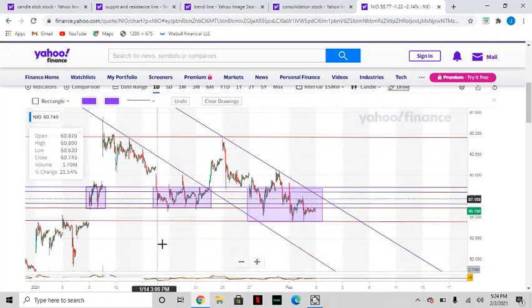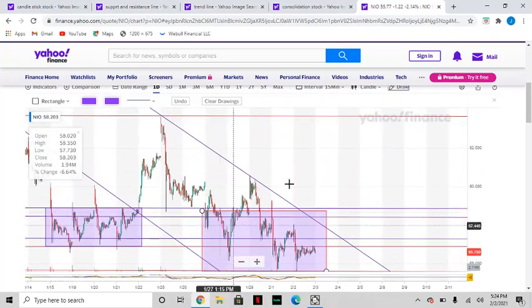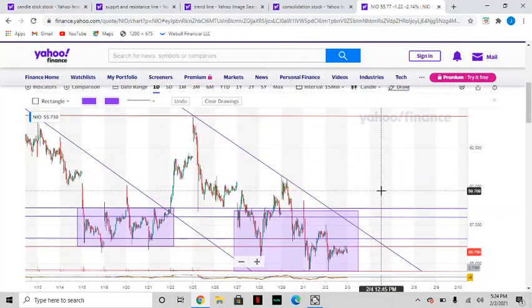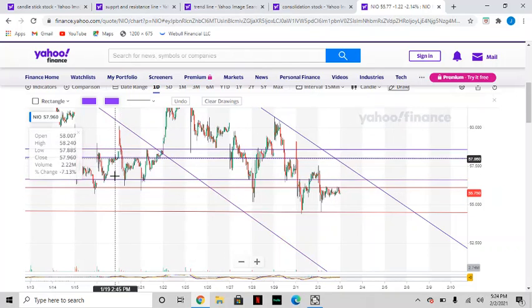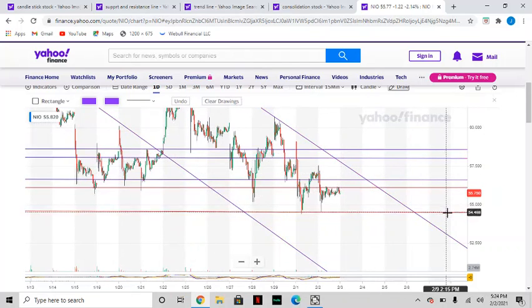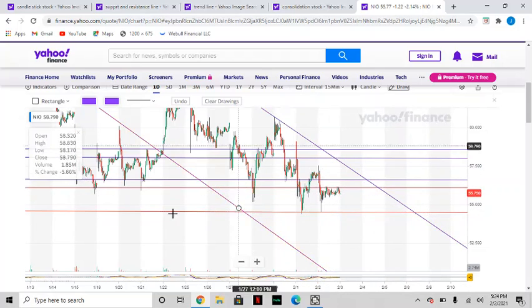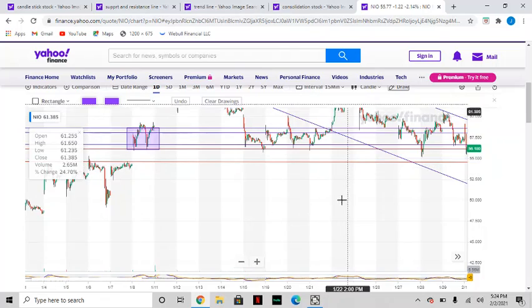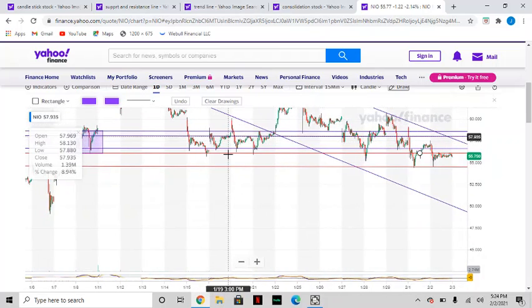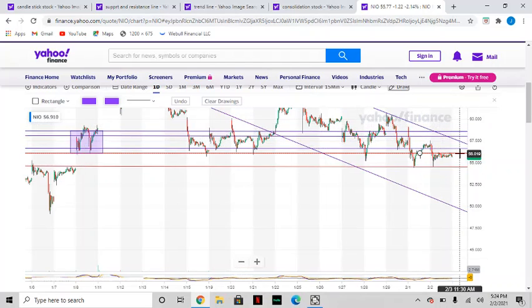So right here, you can see where I kind of just threw some lines in here. Get rid of these, to be able to see a little bit better. You can see this line here at $54. It gets around there and it comes back up. Here at one point it was a resistance line. Another one we got right here at $56.